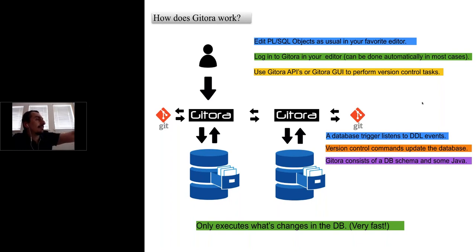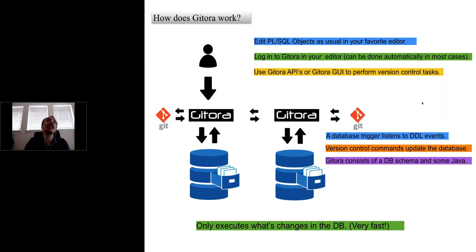Basically, we have Gitora installed on the database. So for each database, you have to have a separate Gitora installation. Gitora talks both to a Git installation and to the database. We have database triggers that listen to DDL events.